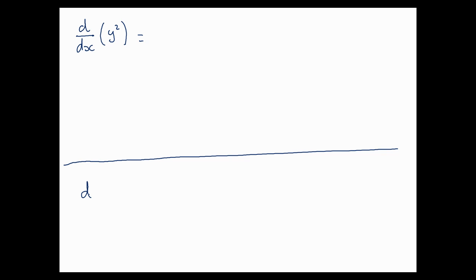Let's imagine we had some function, and it was, say, 3x squared plus 2x, all raised to the power of 2. Now, here we can apply chain rule, where we use this idea of an inner function and an outer function, okay?